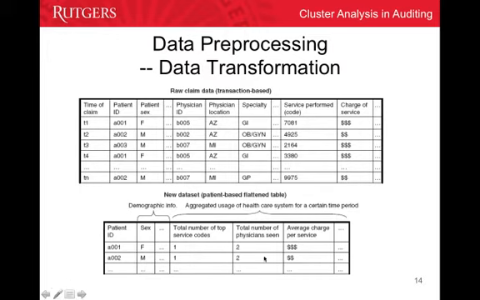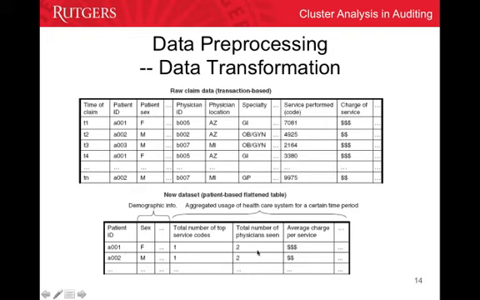So this table below the raw data shows a transformation of the raw data, where we reorganize the data according to the patient. So each record represents one patient.